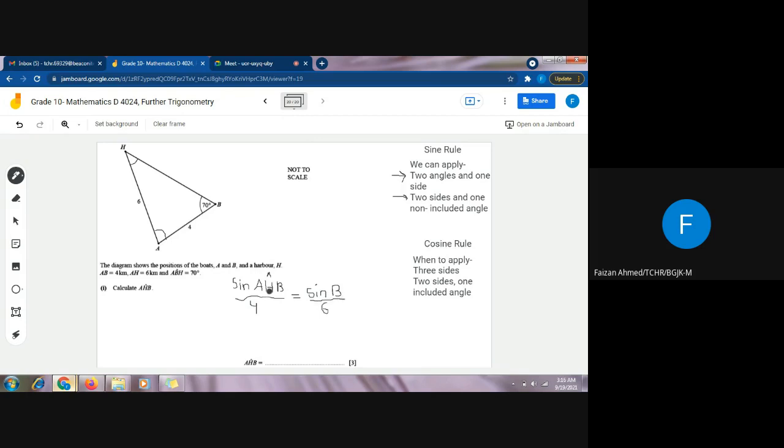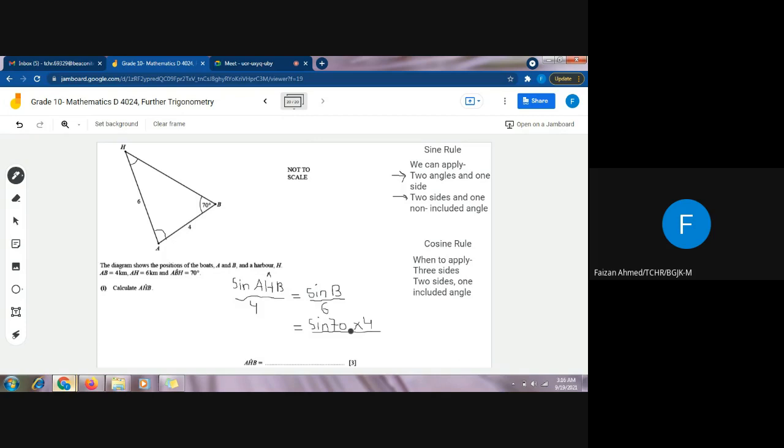Since I have to find sine AHB, I will just shift this 4 to the other side, and I have to put the value of sine B as well in the next step. The value of B is 70, so I will put 70 in place of B: sine 70, multiplied with 4, and the whole answer will be divided by 6 to get the angle AHB.